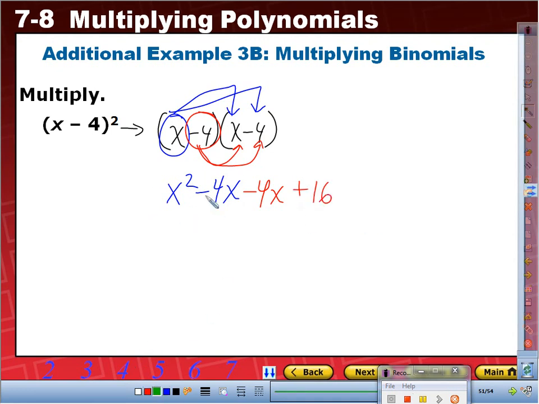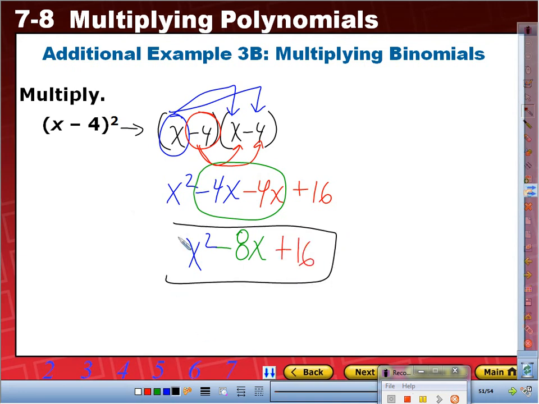Let's scan through it. Can we combine like terms? Yes. These, -4, that's -8x. I can bring this term down, and this one plus 16, and we're done. Right? Hold on. Okay. Now, this one we could also do using the area model.